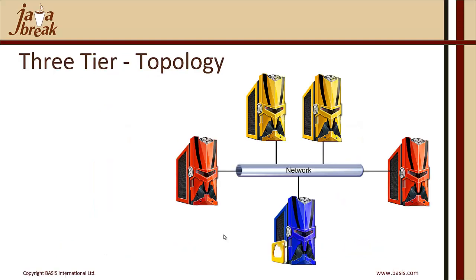Three-tier topology. Now this is the pride and joy of BASIS, the ability to have three separate tiers, which gives you almost unlimited scalability. Starting at the basement, we have the database machine with a mounted drive at whatever speed that you would like, and then you have a load balanced set of application servers at the middle tier, and then you can have an auto-scaled and load balanced set of servers running up as display machines.